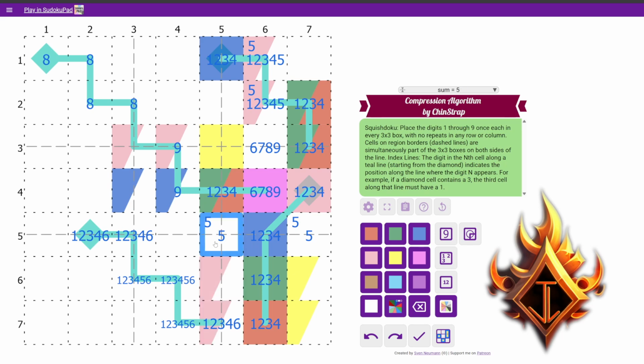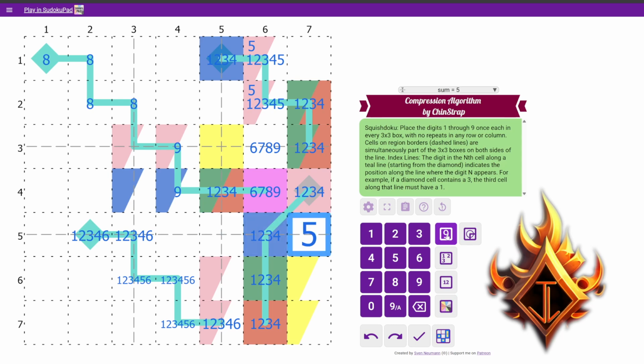If 5 is here, then it never appears on this index. 5 cannot be there. Very good. That is 5. And now we know this is not 5.